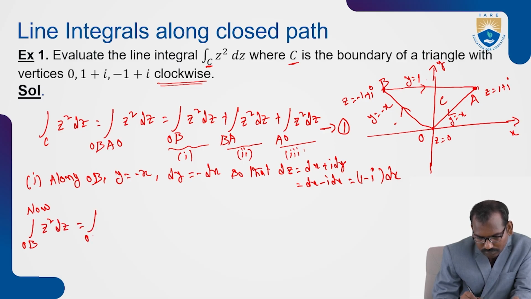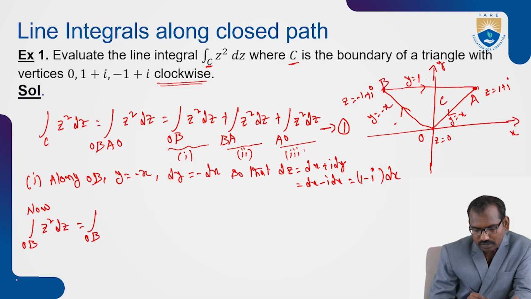Here z is (x plus iy) whole square, and dz is dx plus i dy.